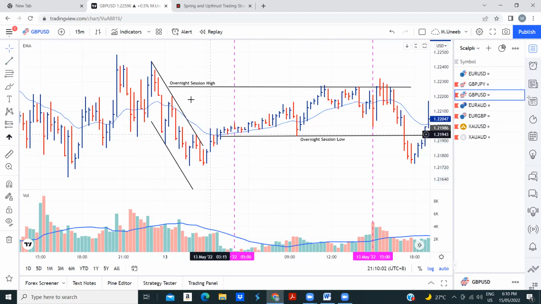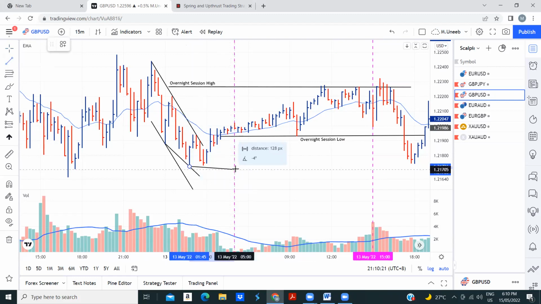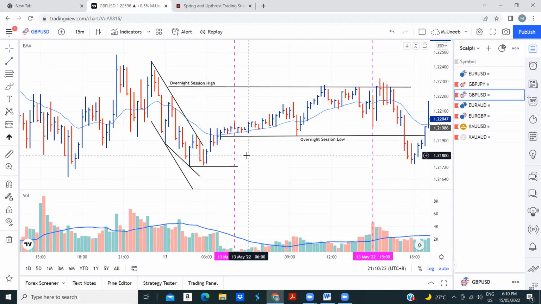This is London, this is the New York session, right? When we draw the channel here, connecting this low, this is what? Shortening of the thrust. Am I right? Yeah, SOT, shortening of the thrust, and during shortening of the thrust, we can draw this.